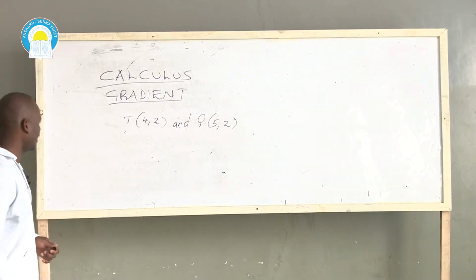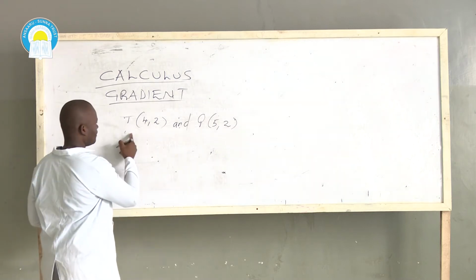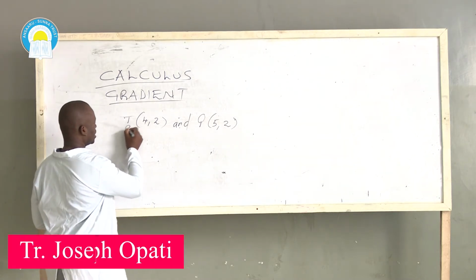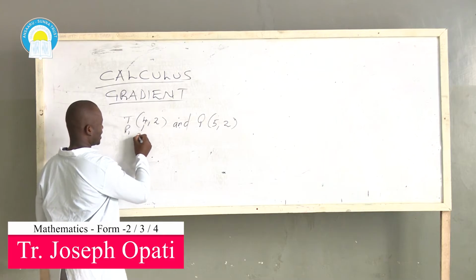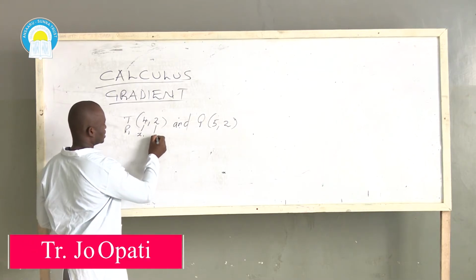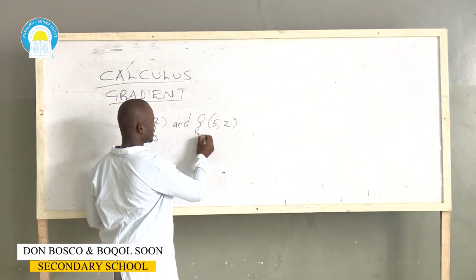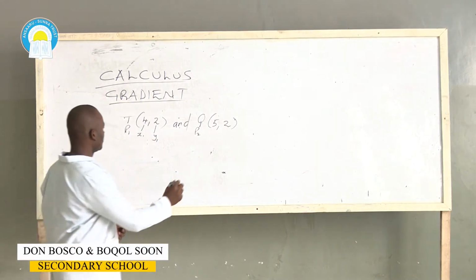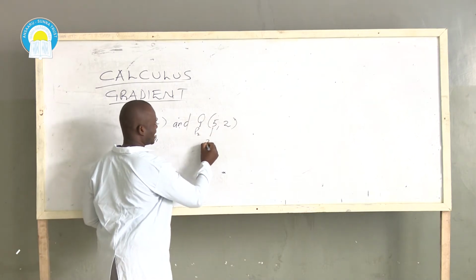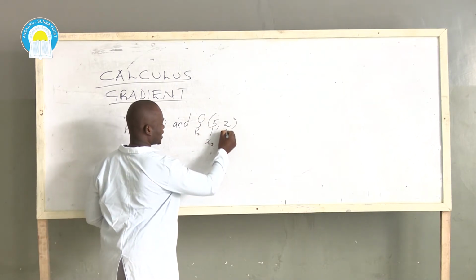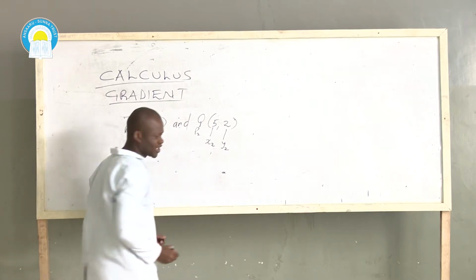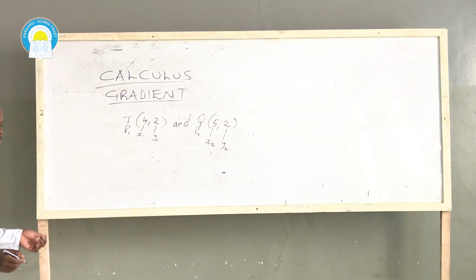We identify one of our points as point 1, meaning x1, y1. We identify our second point as point 2, meaning the x value becomes x2, the y value becomes y2.